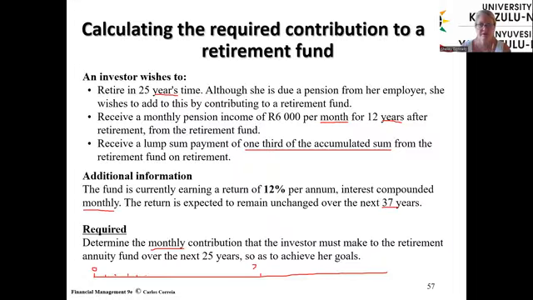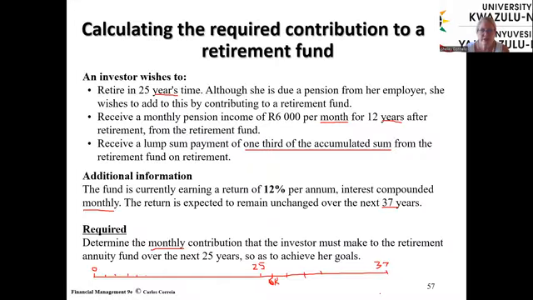I'm just going to put 25 here, but we're actually dealing in months. That's 25 years' time. And then she's going to start drawing down, or she wants to be able to draw down, 6K every month for the next 12 years, which takes us up to year 37.